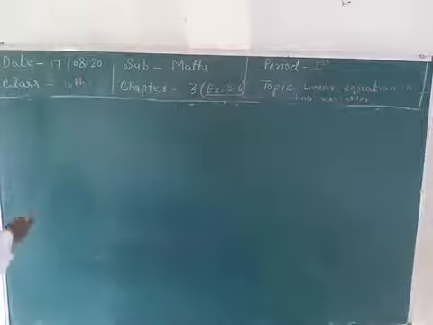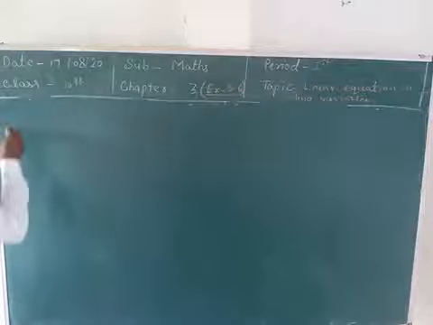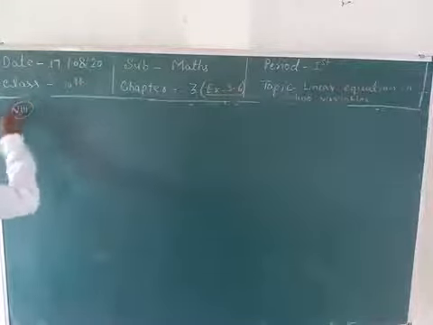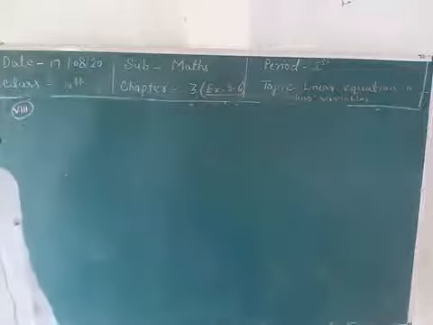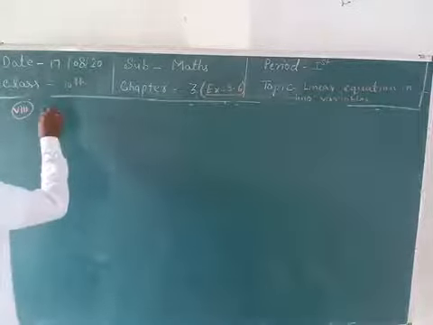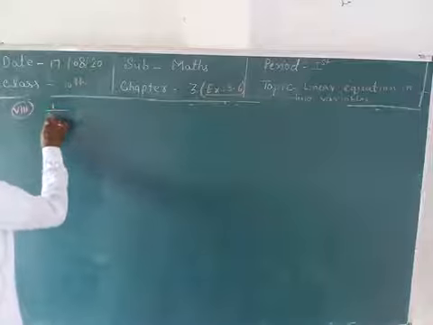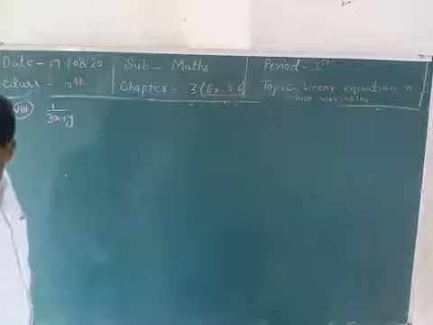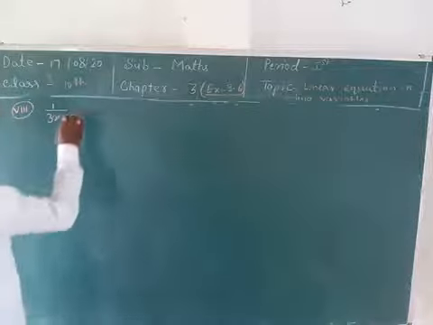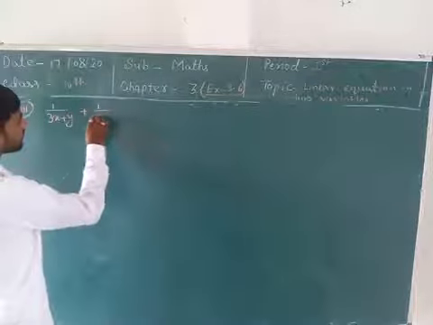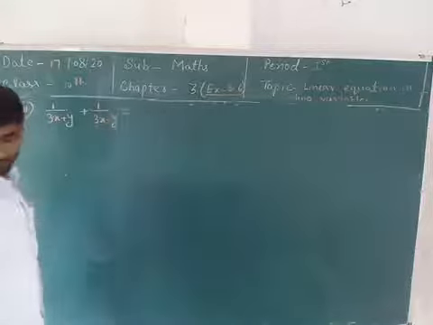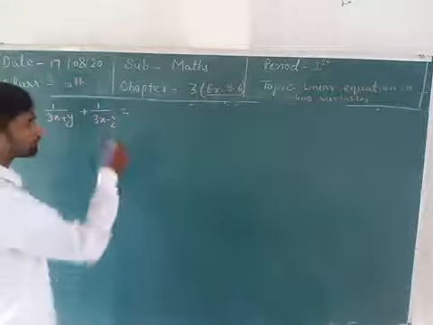Question number 8 is given as 1 upon 3x plus y plus 1 upon 3x minus y equal to 3 upon 4.